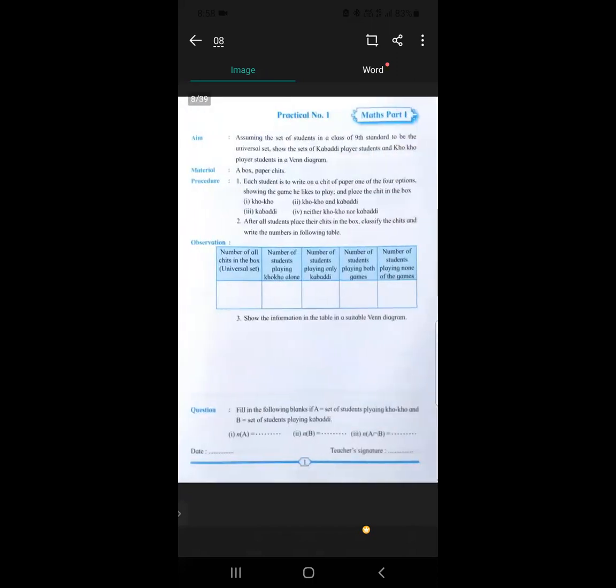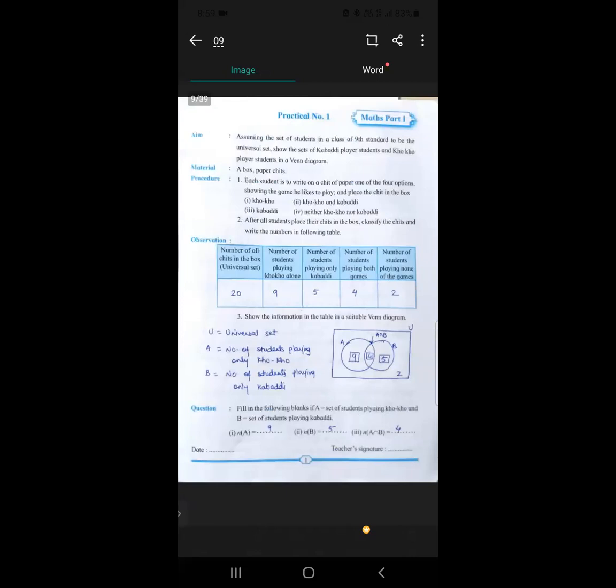See, this is how your first practical is. I'll just move quickly and continue from where we stopped previously.